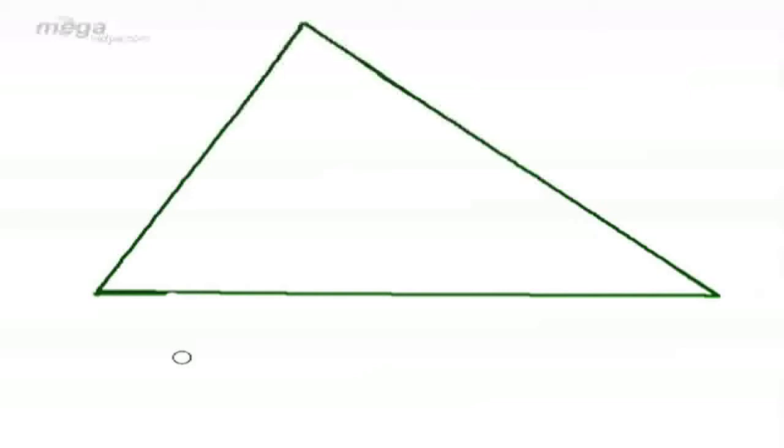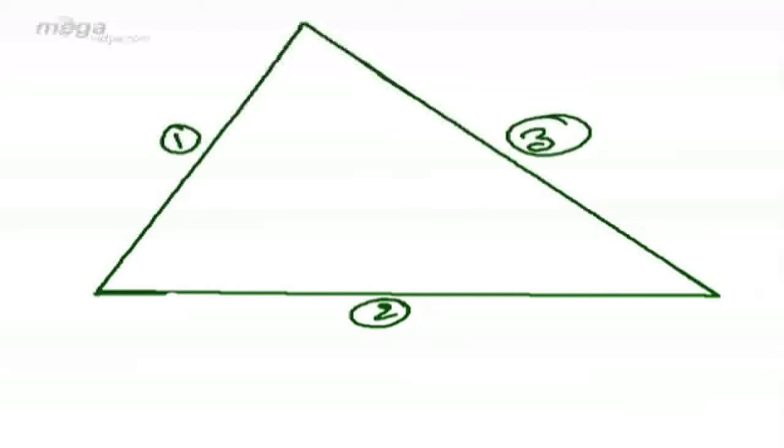So now student, what we'll do here is first of all draw the figure. There are three straight lines. Suppose this is 1, this is 2 and this is 3.